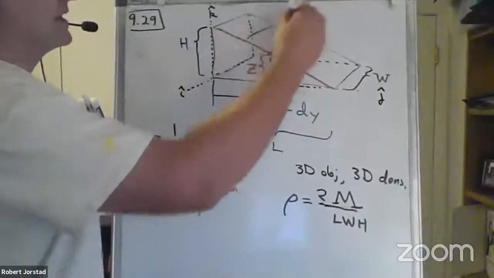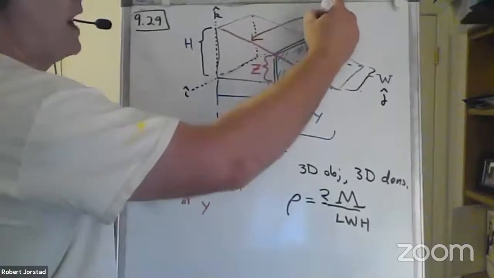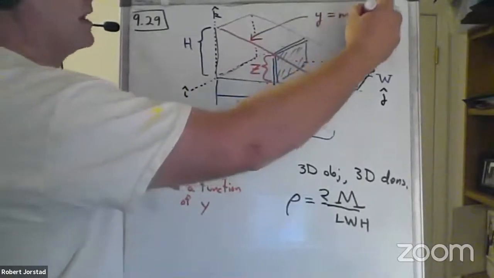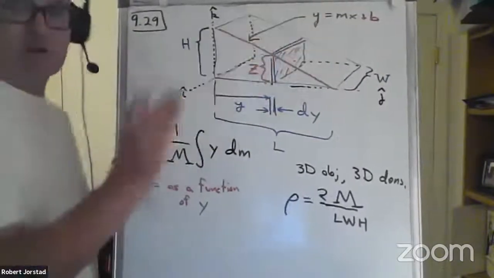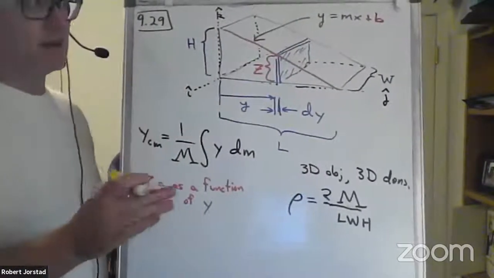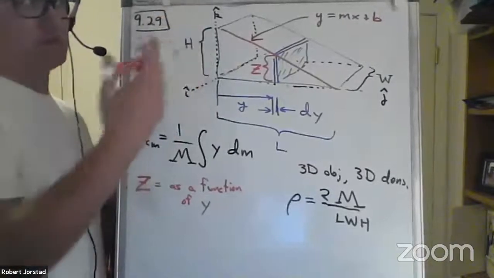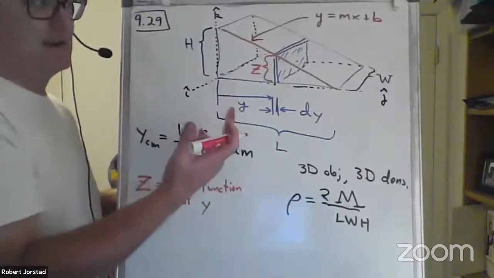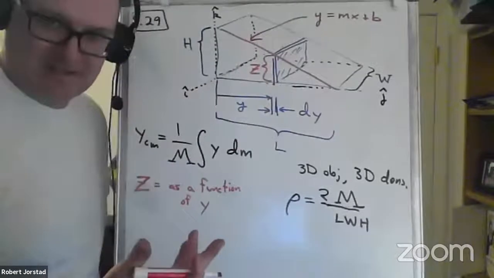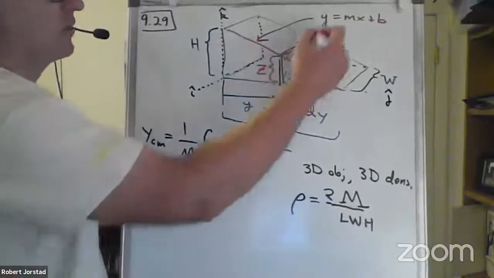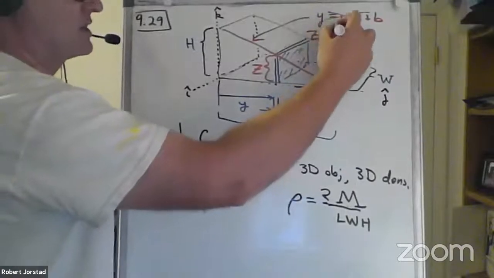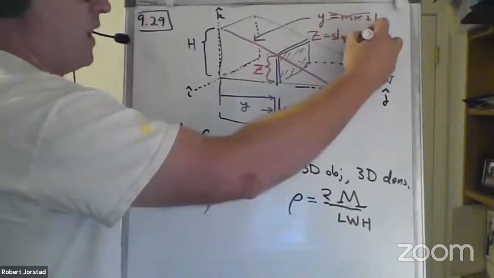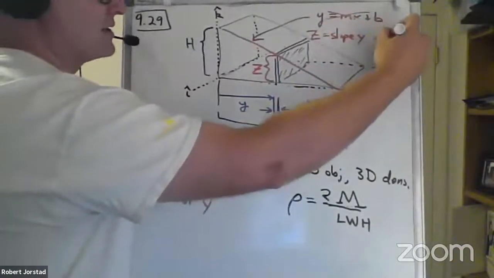What he's saying is this equation is something like y equals mx plus b, except I don't really like this particular way of writing it because, number one, height is supposed to be z, not y. M is usually mass. So what I'm going to do is we're going to change this to z equals slope times y plus intercept.